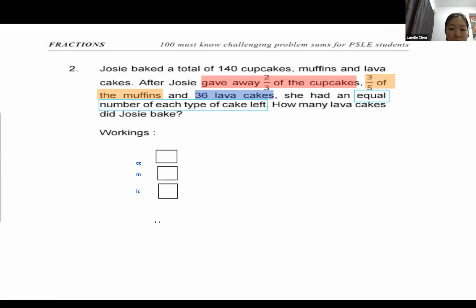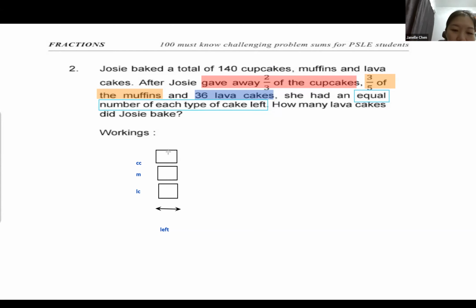So this whole thing here, I'm going to just label as 1, so it's neater. So all this is going to be left. Then after that, the key thing: give away 2/3 of the cupcakes.